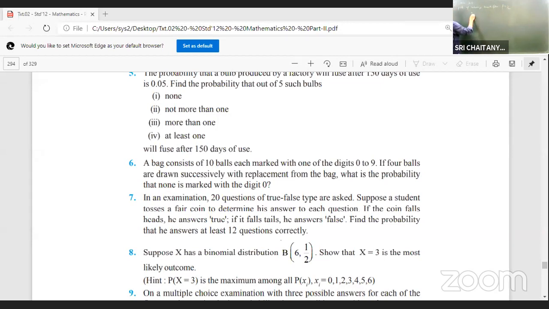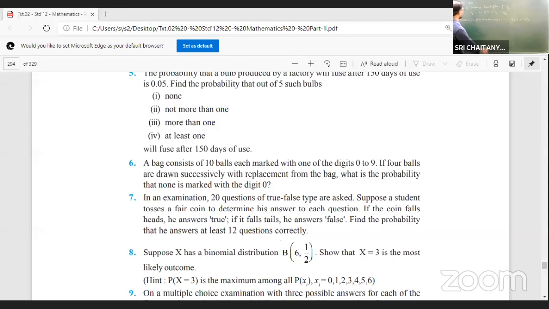Q is equal to 1 minus P, which is 1 minus 1 by 2, equal to 1 by 2. Therefore, at least 12 questions means P of X greater than or equal to 12, which is equal to P of X equals 12 plus P of X equals 13, and so on, up to P of X equals 20.